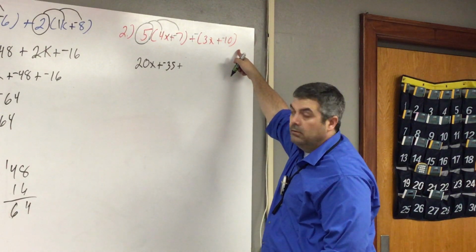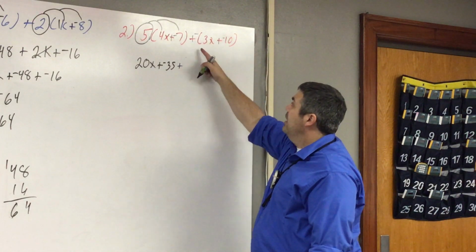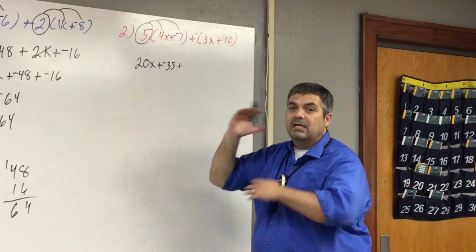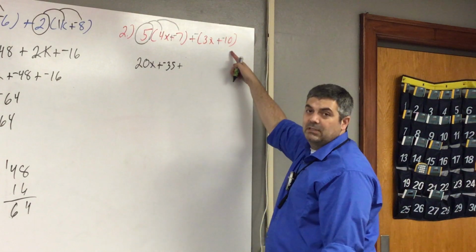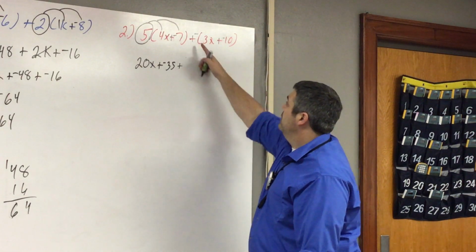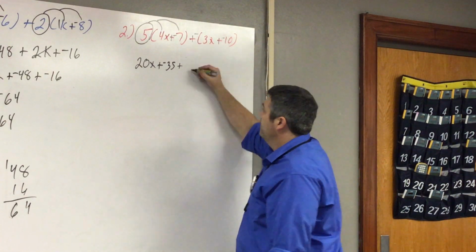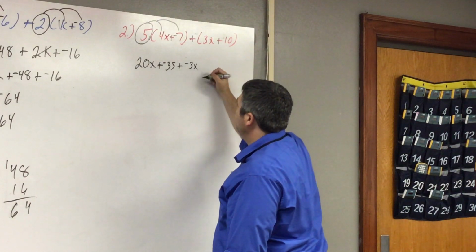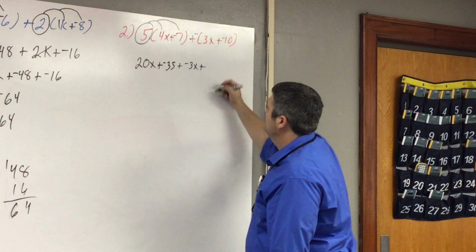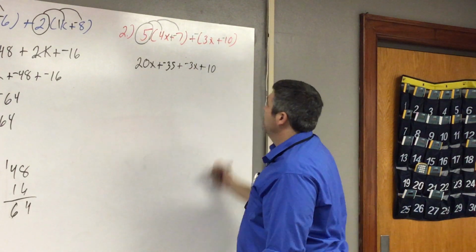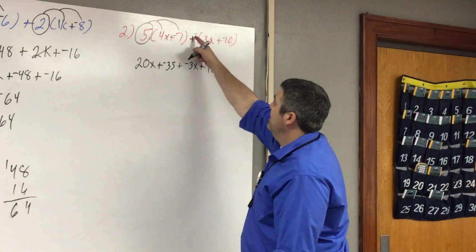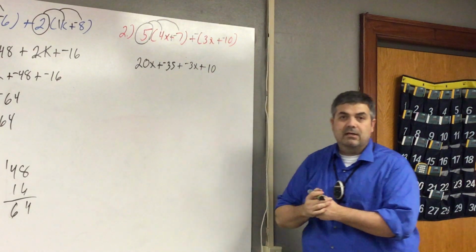So we're going to take this, and everything in here, all the signs are going to change, because it's the opposite of all these numbers. So the opposite of 3x, negative 3x, plus the opposite of negative 10, positive 10. And now I've dealt with that negative right there as that goes through there.